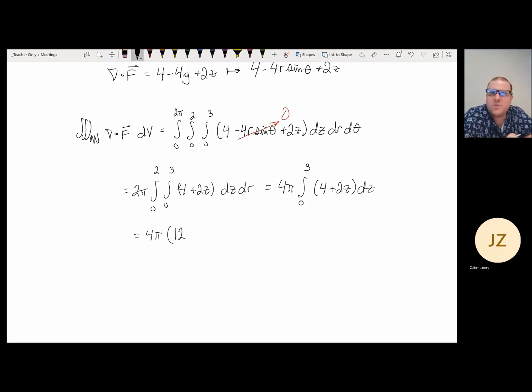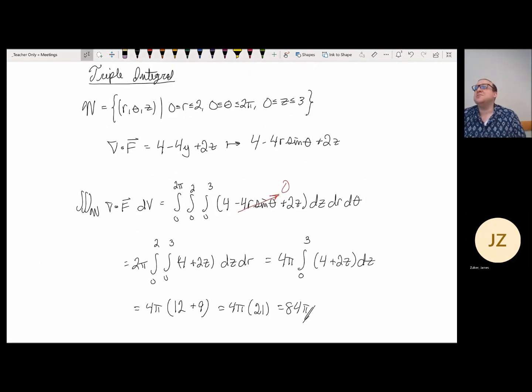Integral of 4 with respect to z is just 4 times 3, 12. Z squared from 0 to 3 is 9. Yeah, 4 pi times 21. 84 pi.